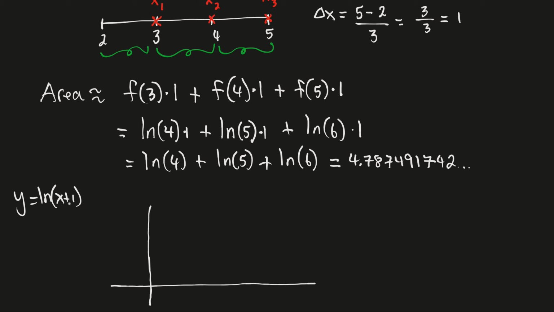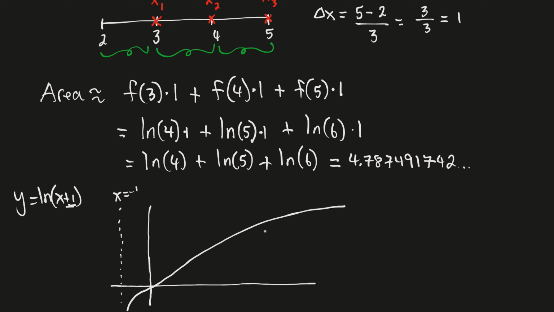But with the plus 1, this plus 1 gives us a horizontal shift of 1 unit to the left. So it has a vertical asymptote right here. This is the line x equals -1. And then the graph does something like that, right?